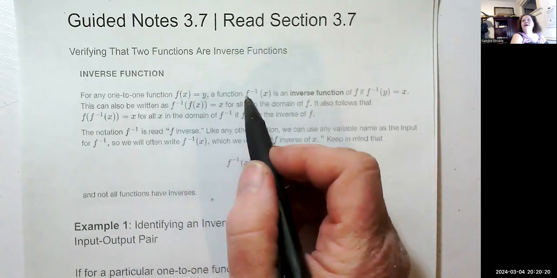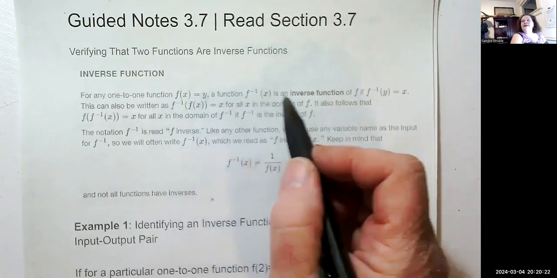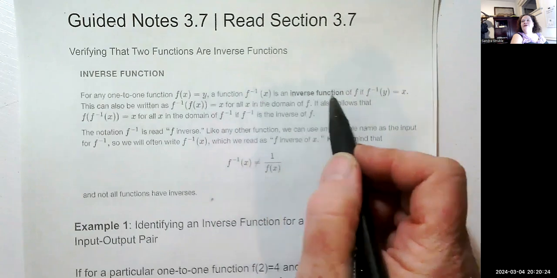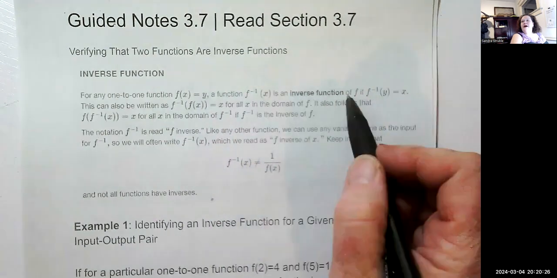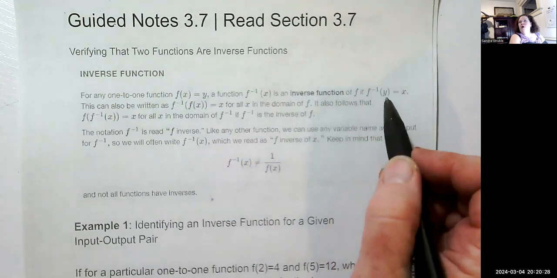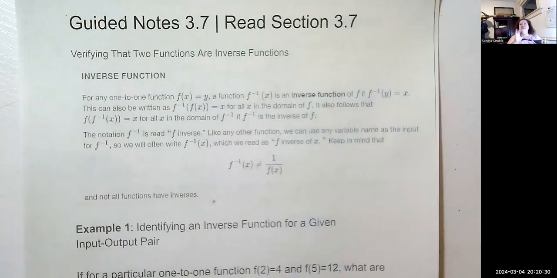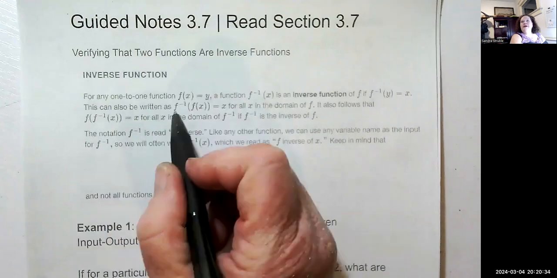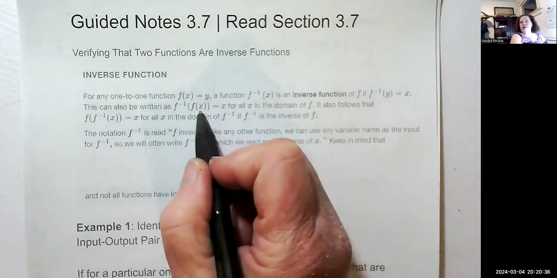A function g is the inverse of f if the inverse of y is x. Okay, that means nothing to you right now, and that's okay. We'll get there. Here's something else: the inverse of the original function.